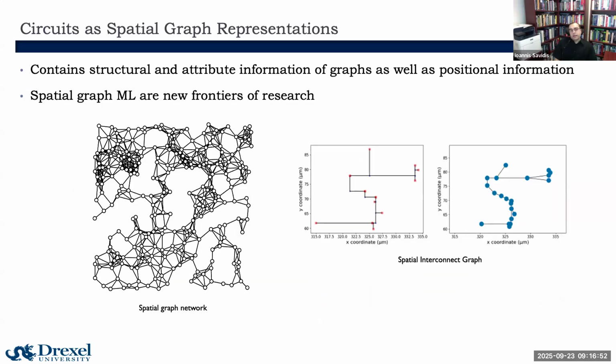So these not only contain the structural and attribute information typical of traditional graphs, but they also incorporate crucial positional data. This added layer of information is vital in the context of some EDA problems, where, for example, if you're looking at physical placement of transistors or components, you're adding that spatial aspect to the functionality and performance that you're already looking at.